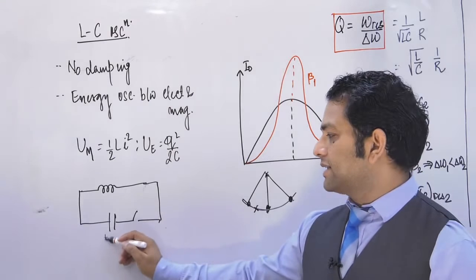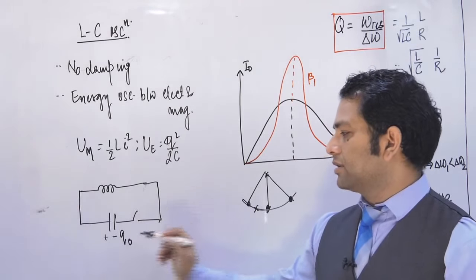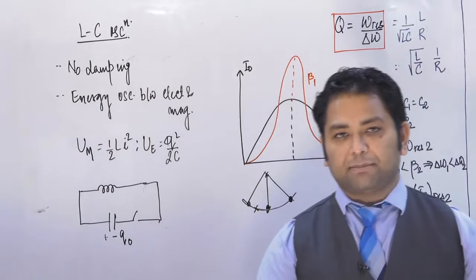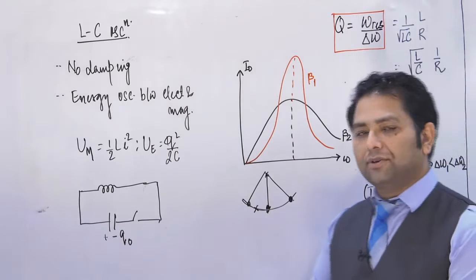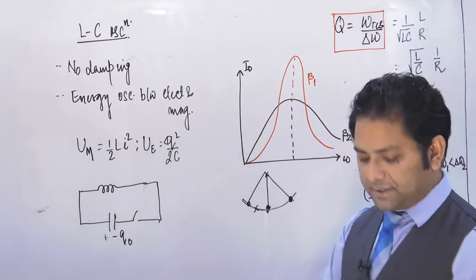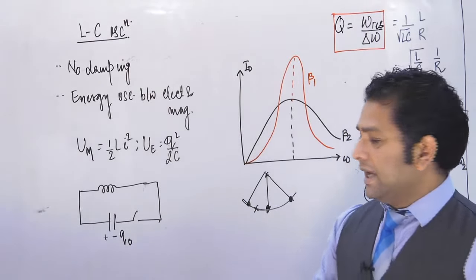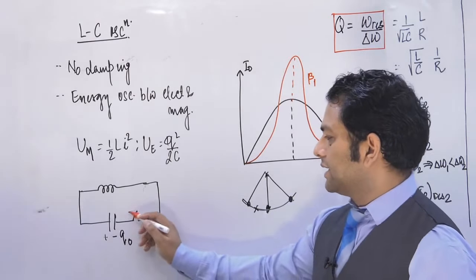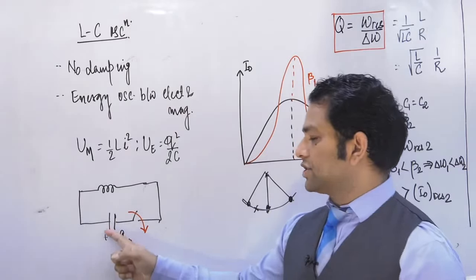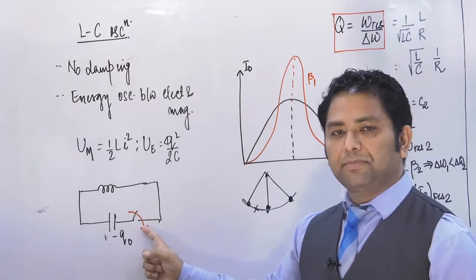And here I started with plus minus Q naught. Q naught is the maximum charge in the capacitor. As of now, you could see that the current is 0 since the circuit is open. And if I close the circuit here, now the charge would start flowing in this way.